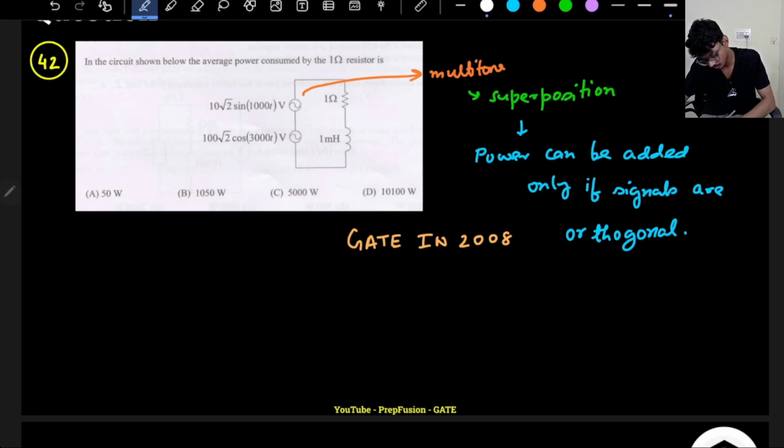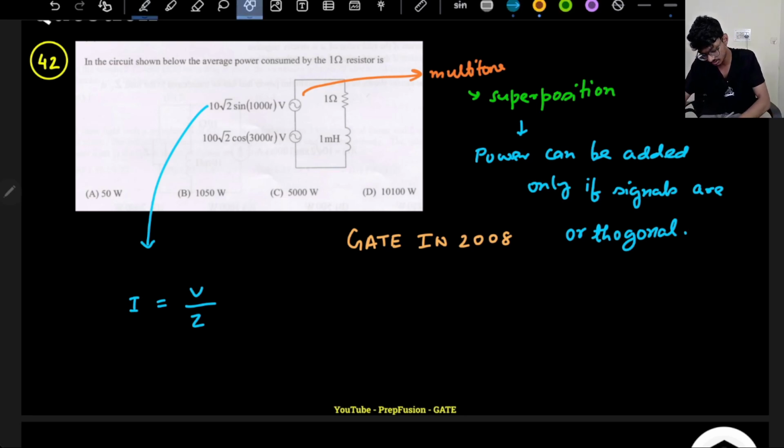So first I will take into effect this source, basically this one. What will be the current due to this source? Current due to this source will be simply voltage by the impedance, right? The impedance is frequency dependent here actually.